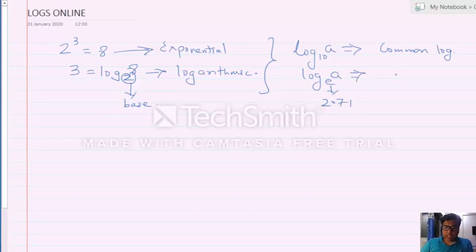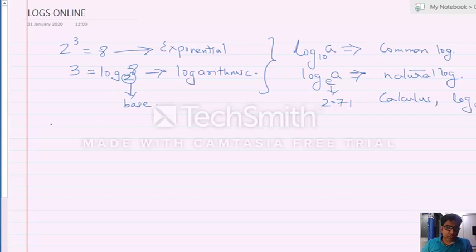Then this particular thing is known as a natural log. We'll be using natural logarithm always in calculus throughout. Apart from calculus, in most of the sums, wherever we require, we'll be using natural logarithm. And when we say log a to the base e, it is as good as ln a. If I write it, it means the same thing.